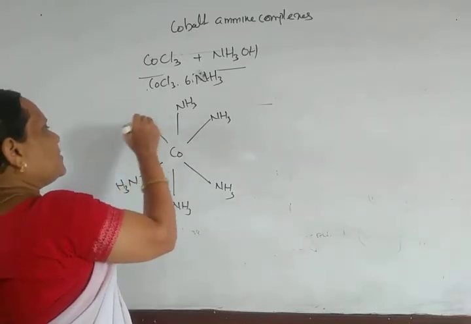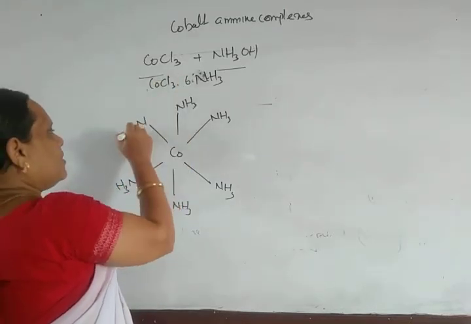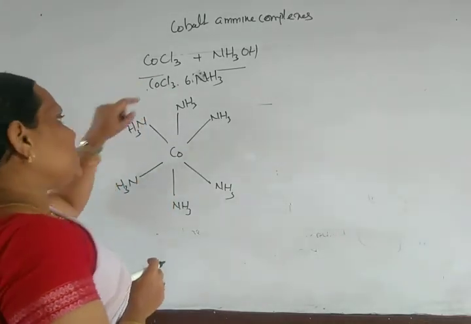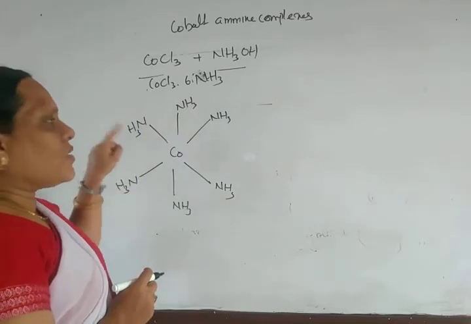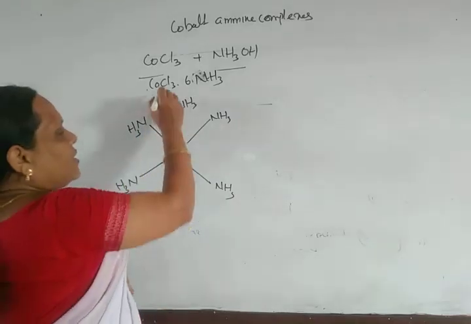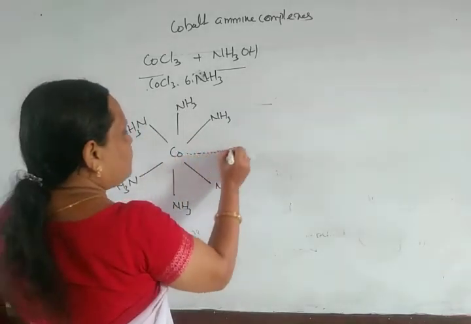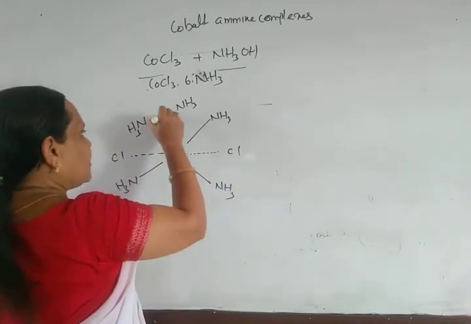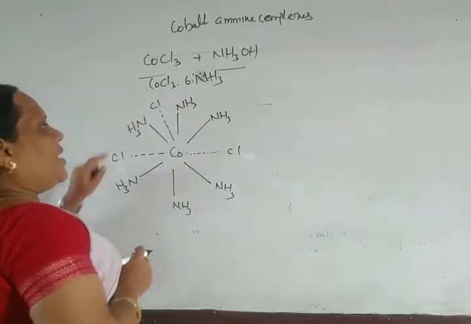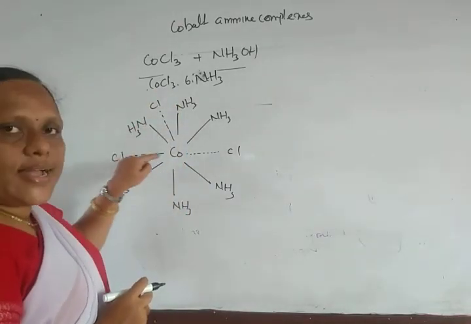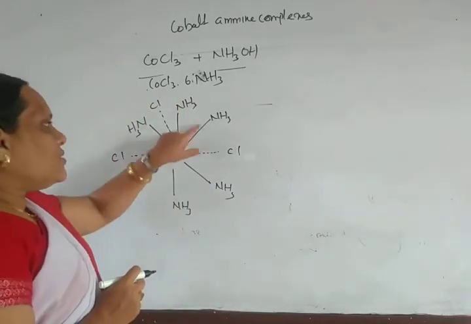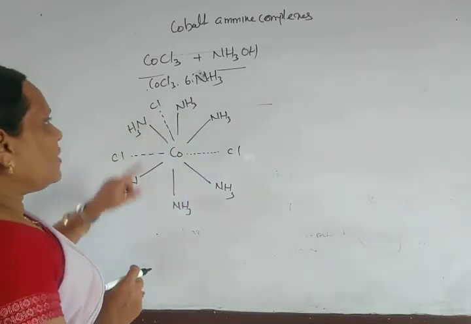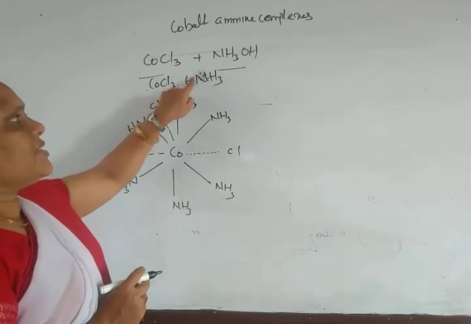As the secondary valency is 6, it has an octahedral shape. These chloride ions are ionizable, and the ones represented by solid lines are non-ionizable.